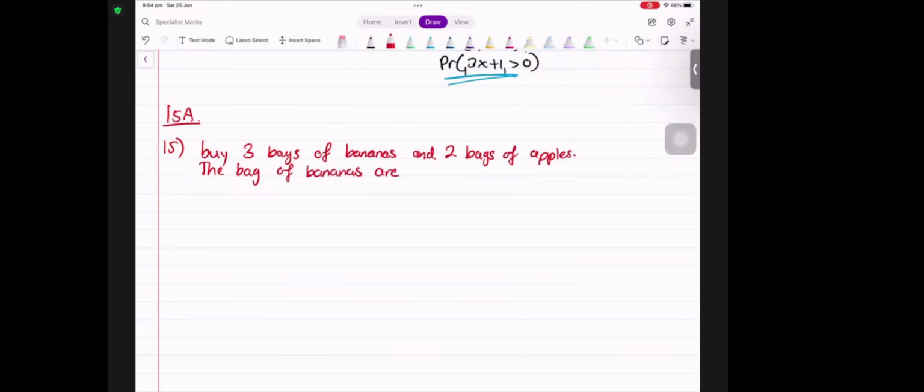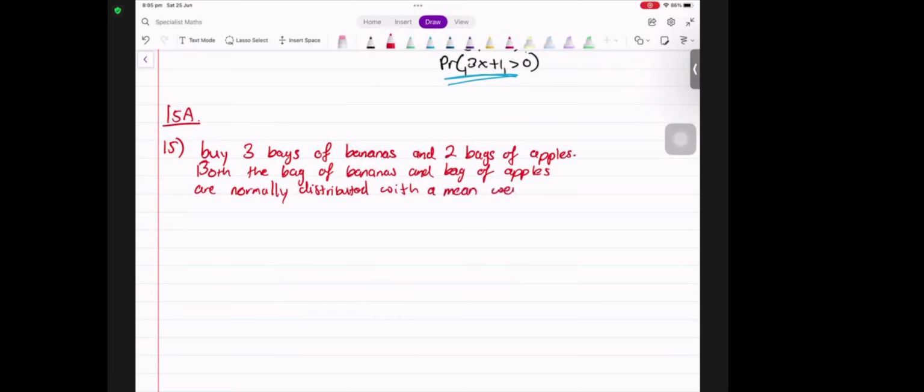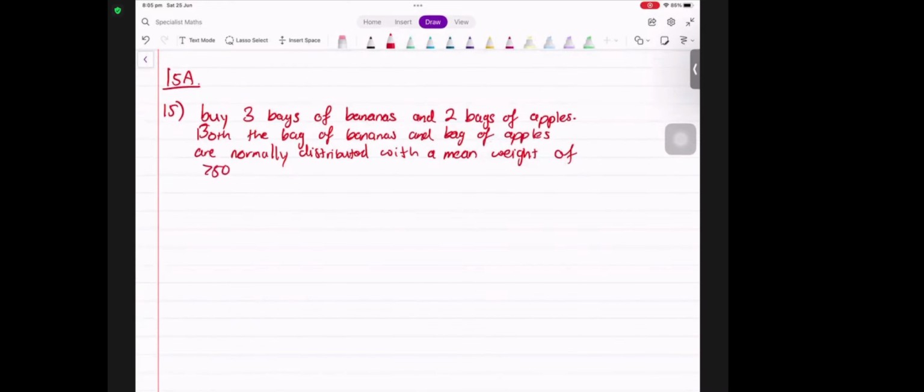Both the bag of bananas and the bag of apples have a mean weight of 750 and a mean weight of 1,000.